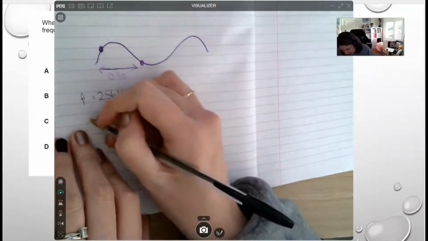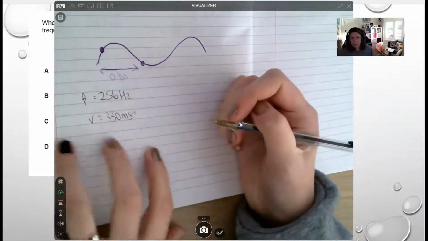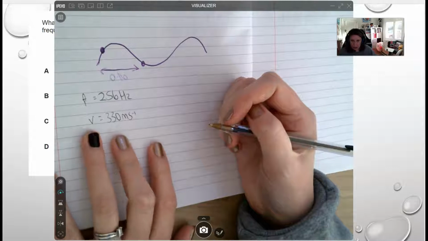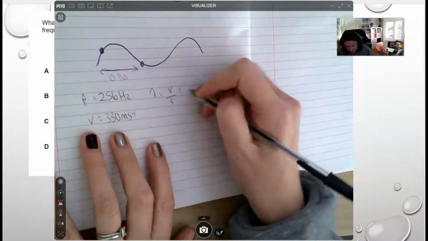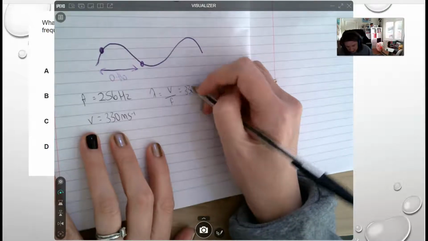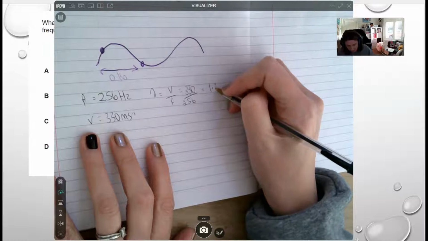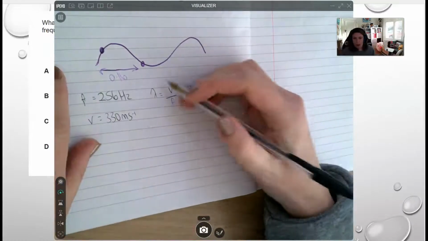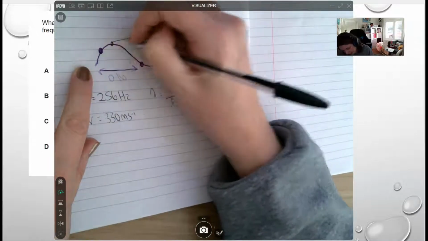And we know the speed of this wave is 330 meters per second from the question. So we can figure out the wavelength by doing V over F. So that's 330 over 256, which gives me about 1.3 meters. So my whole wave from here to here, say, is 1.3 meters.